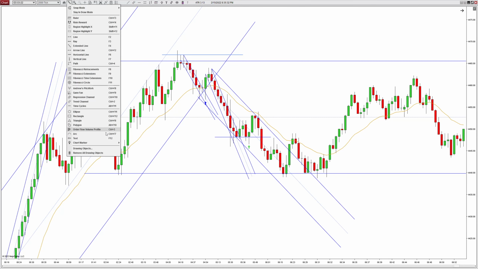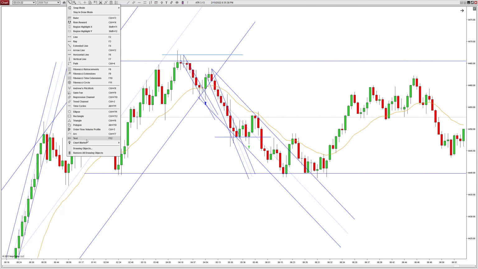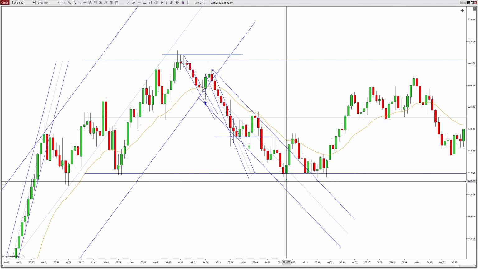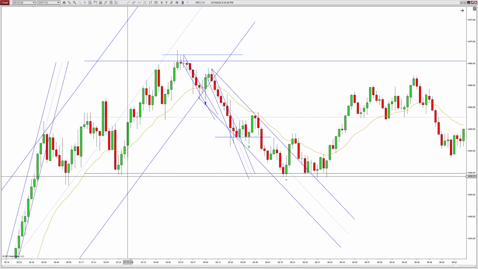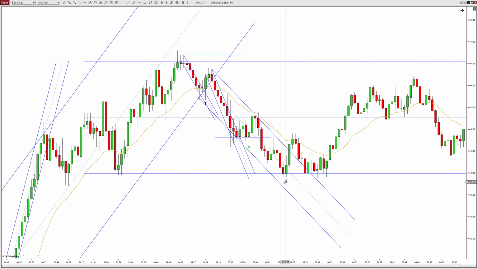Let's just draw something weird. So there's a support area, and there's a support area. Let's see if it holds.